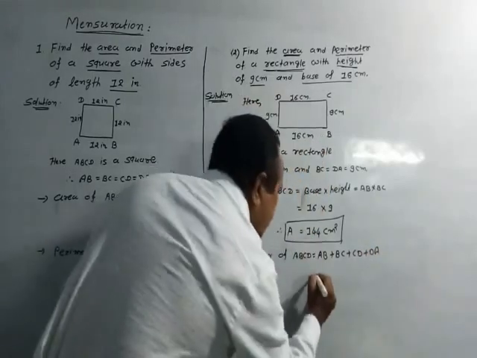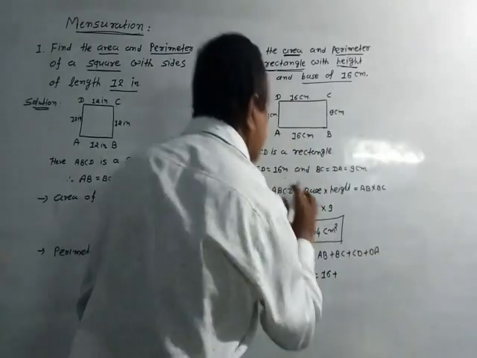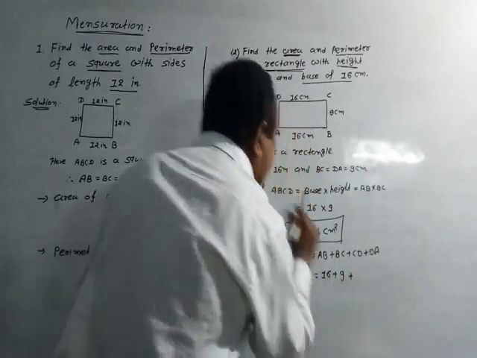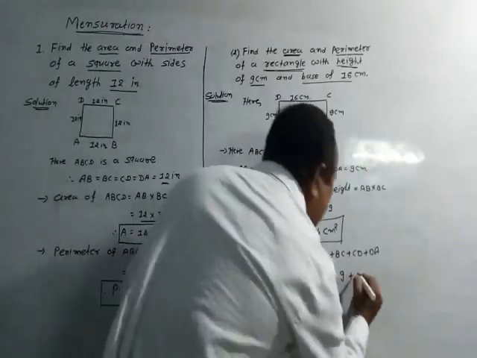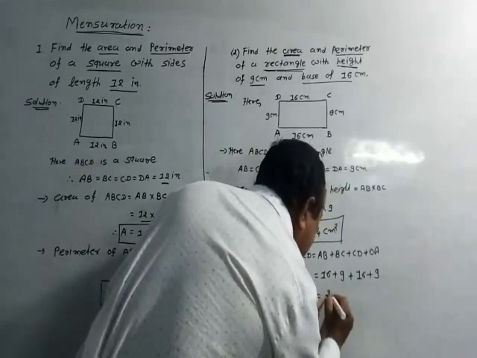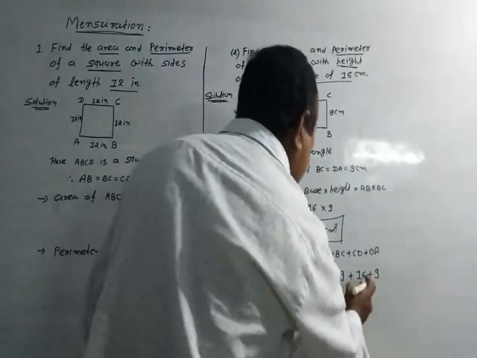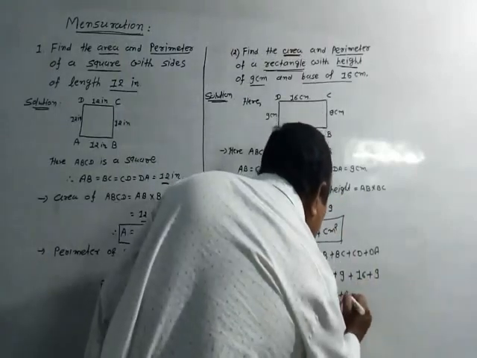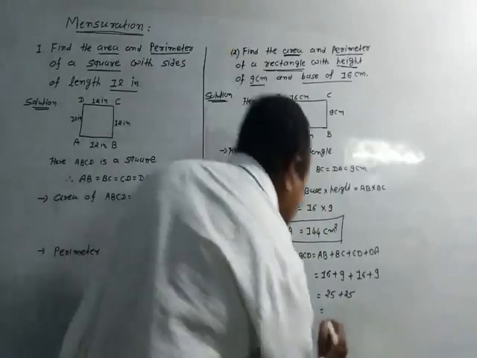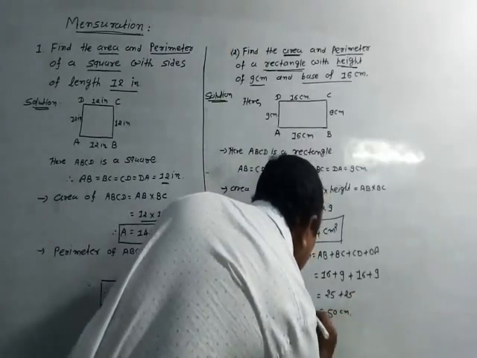Now the value of AB is 16, BC is 9, CD is 16, and DA is 9. 16 plus 9 is 25, and 16 plus 9 is 25. 25 plus 25 is 50 centimeter as the perimeter.